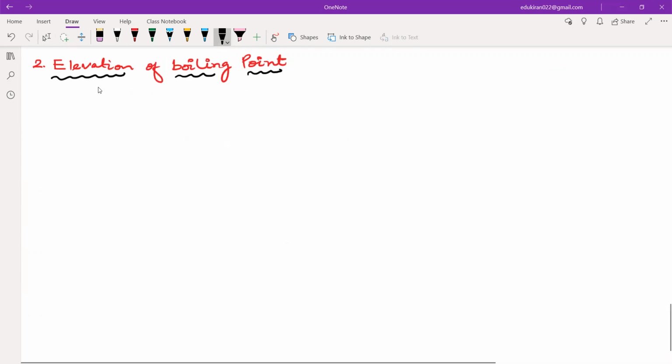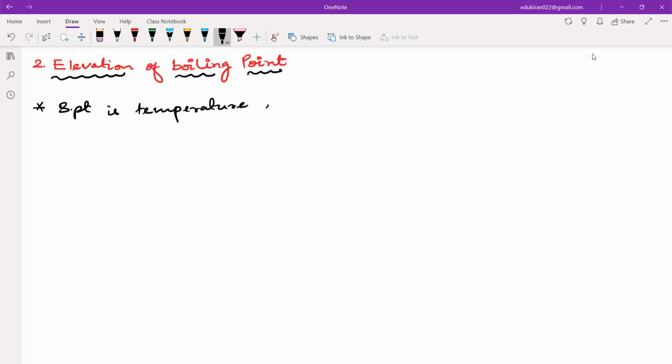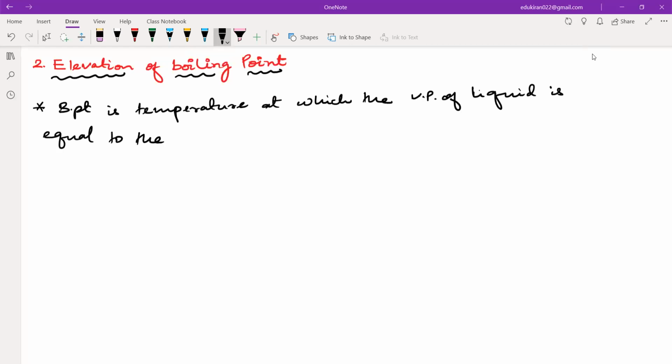Elevation in boiling point, है ना. Why is it happening? Because we are adding a non-volatile solute. ठीक है, a non-volatile solute. Now what is boiling point? Boiling point is the temperature at which the vapor pressure of liquid is equal to the atmospheric pressure.